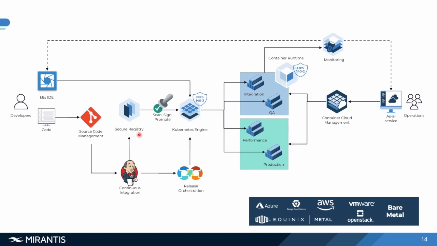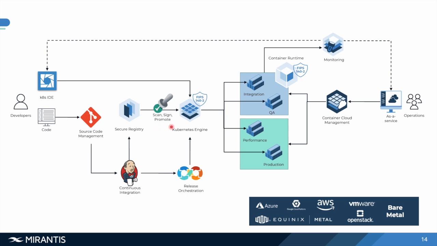Once it's in the registry, your security process will kick off. Scan the images for any vulnerabilities, match it against the database of known vulnerabilities and exposures to give you exactly what vulnerabilities there are, the severity of the vulnerabilities, and also remediation steps if available to ensure authenticity of your images.